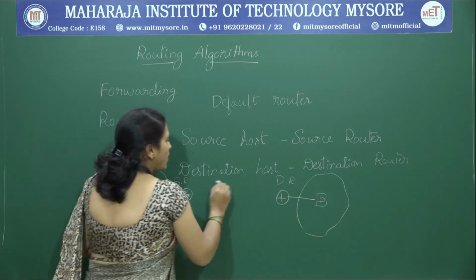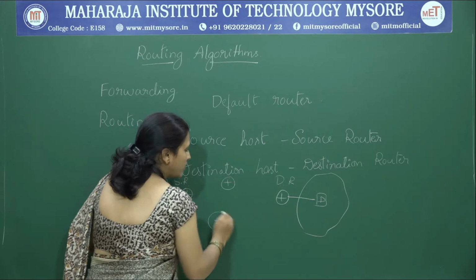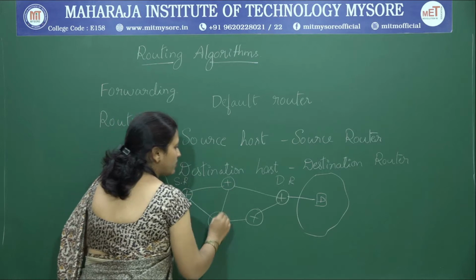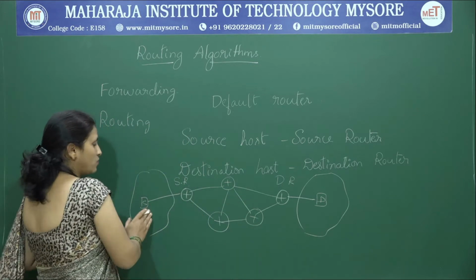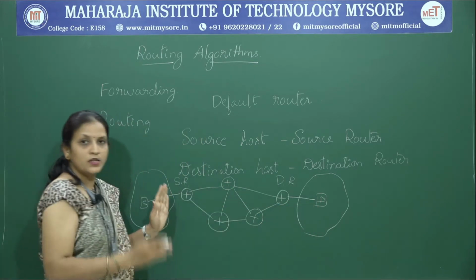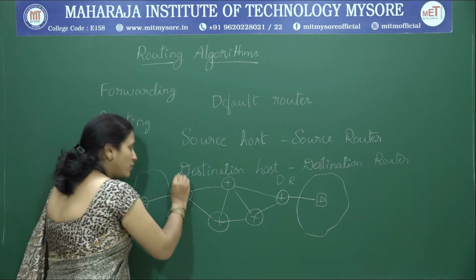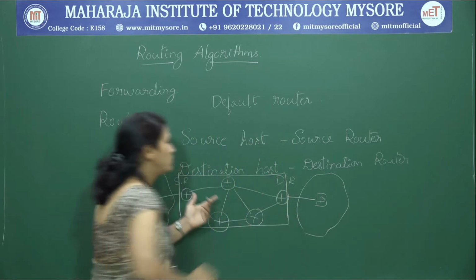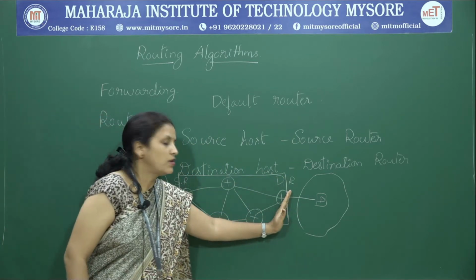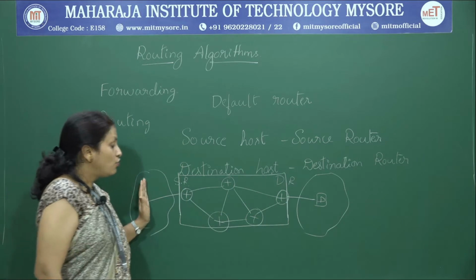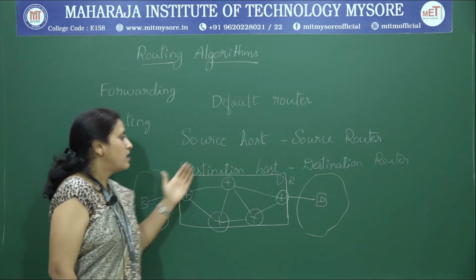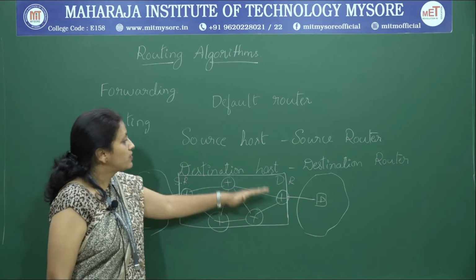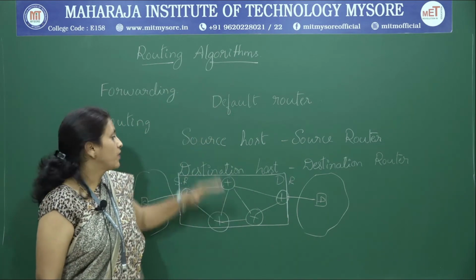In between, I will be having several routers through which we can traverse from source to destination. So in the routing algorithm, we are going to discuss this portion, between source router and destination router, through which path the packets are traversing. Okay, that is what we are going to discuss under routing algorithm concept.